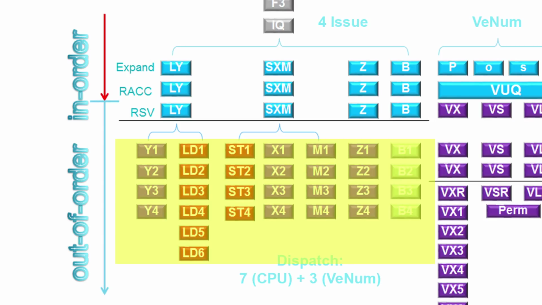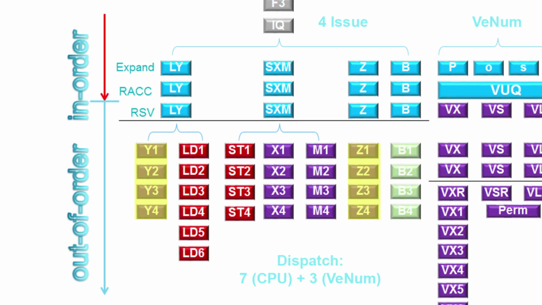Now let's talk about the function of those 7 execution pipelines for processing integer instructions. The Y and Z pipelines handle simple integer instructions such as addition and subtraction. The X pipeline can handle more complex integer instructions, while the M pipeline is dedicated to integer multiplies.